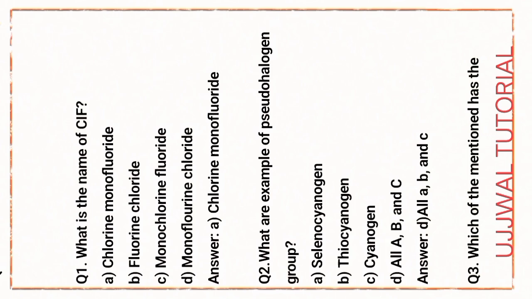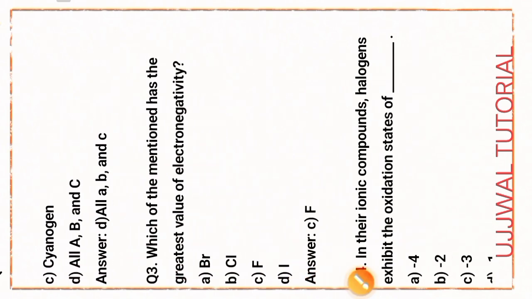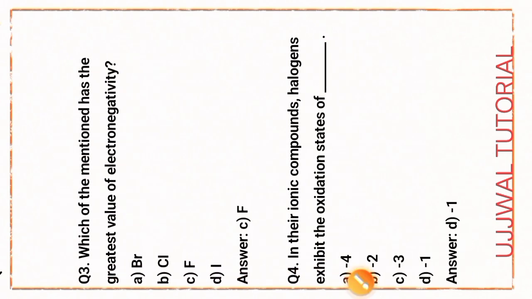Next question, question number 3. Which of the mentioned has the greatest value of electronegativity? Option C, that is fluorine. Next question, question number 4. In their ionic compounds, halogens exhibit the oxidation state of -1.